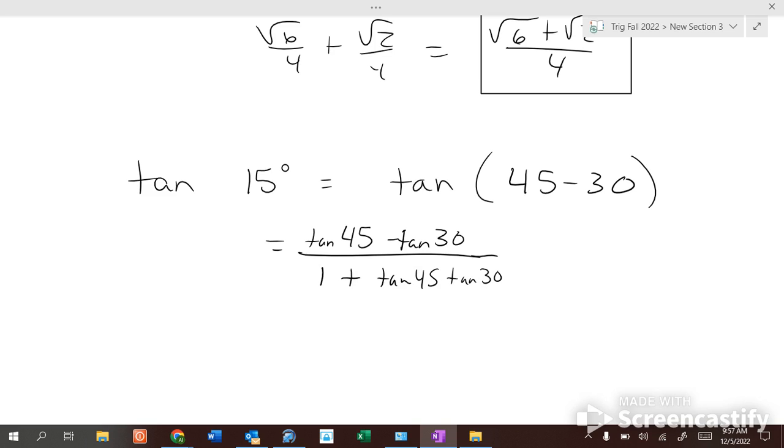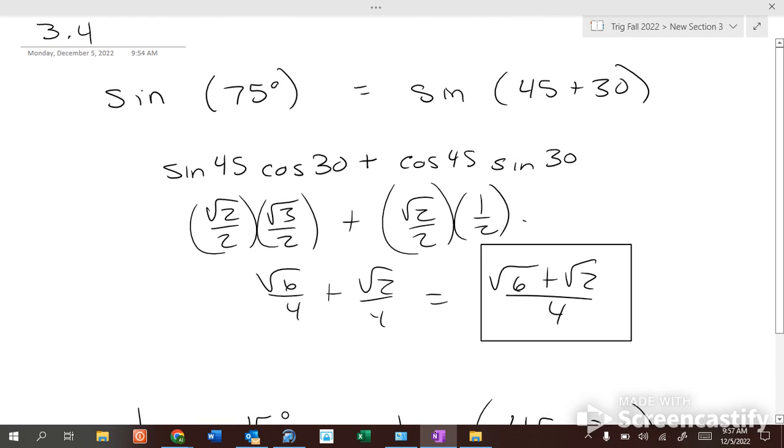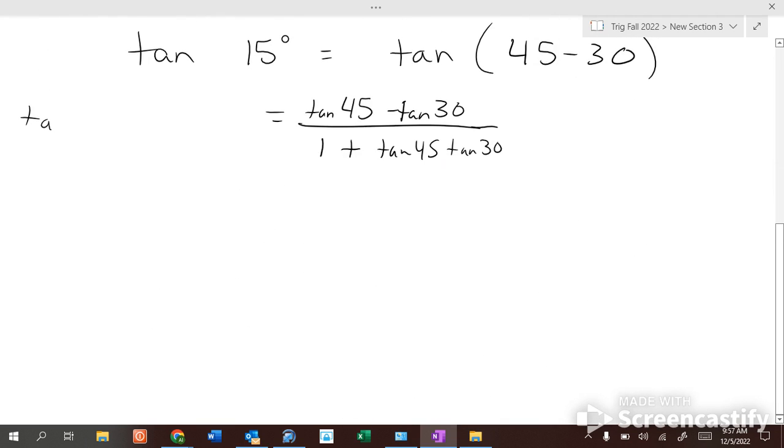Now, if we list our tangents out, what's the tangent of 30 degrees? It's the sine of 30 over the cosine of 30, right? It's 1/2 over square root of 3 over 2. So if we multiply them both by 2, it is 1 over square root of 3, and multiply top and bottom by square root of 3. So you get square root of 3 over 3 is the tangent of 30.